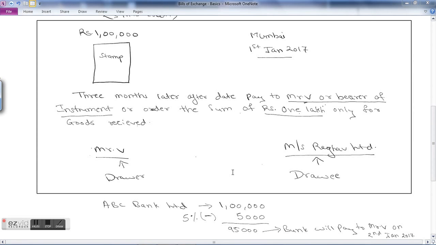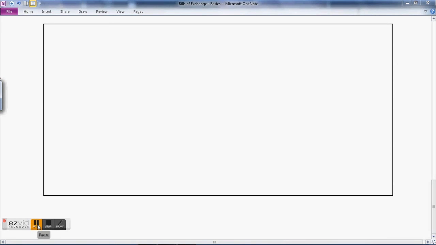Here the drawer is the seller. In case of a promissory note, the bill is drawn by the buyer and he has signed it. Now let's see one example of a promissory note. For the same example, we'll prepare a promissory note. Again, place, date.